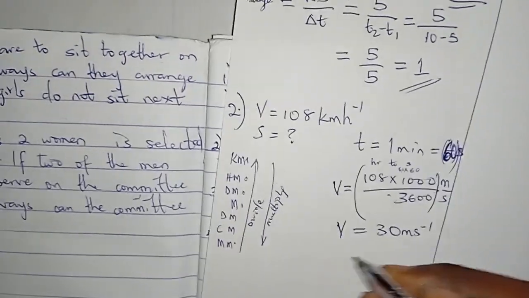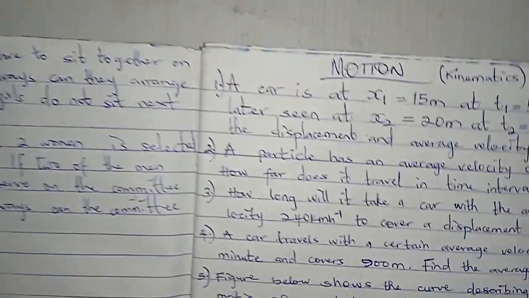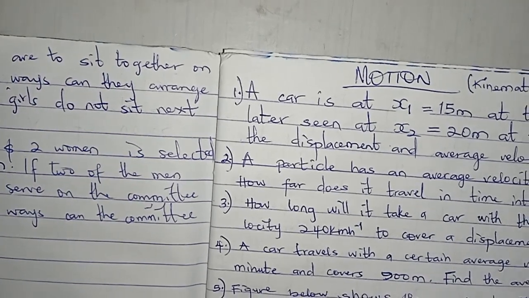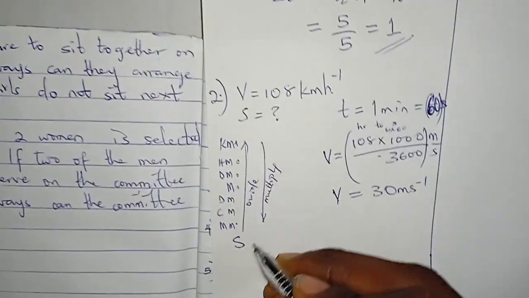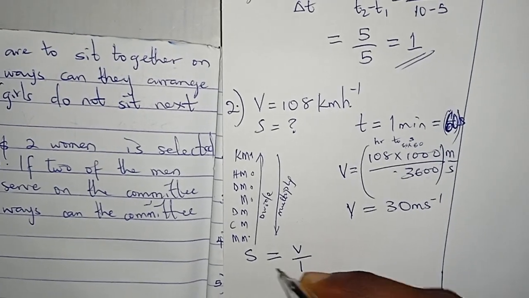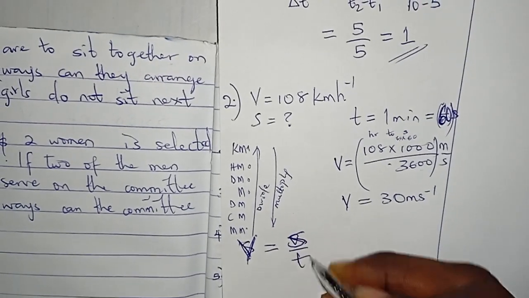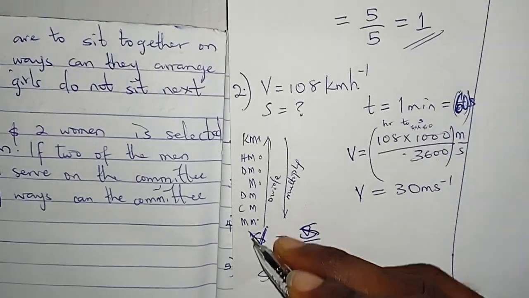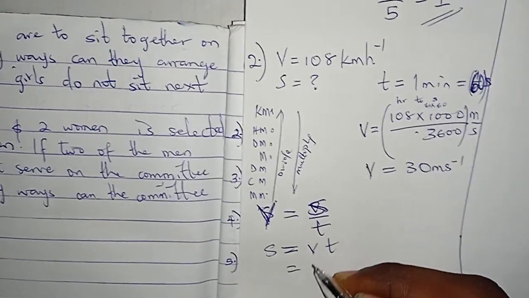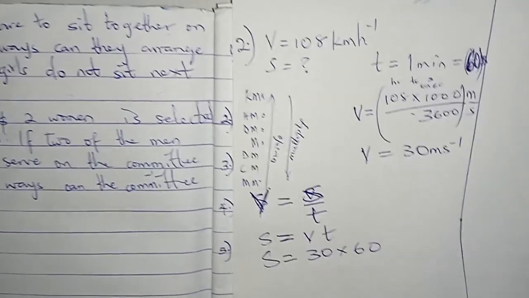So what I'm asked to find, they say how far, S. I've gotten V equals S over T. So S equals VT, which means the displacement equals 30 times 60.